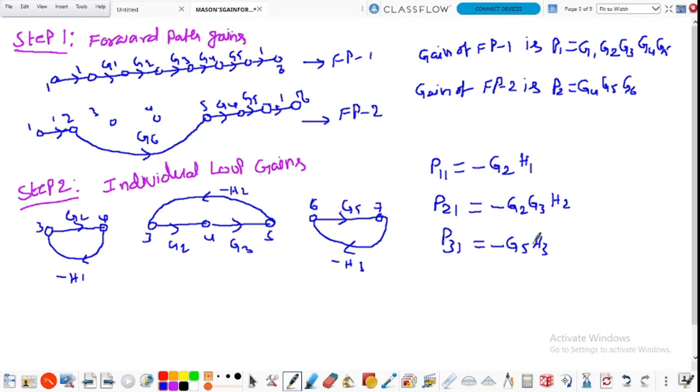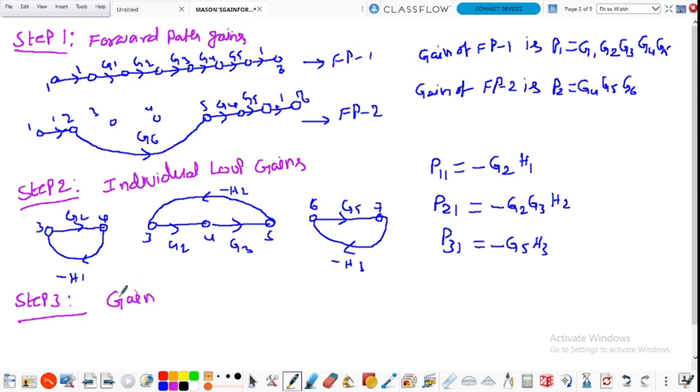Next, step 3. Calculate the gain product of two non-touching loops. So what is delta?